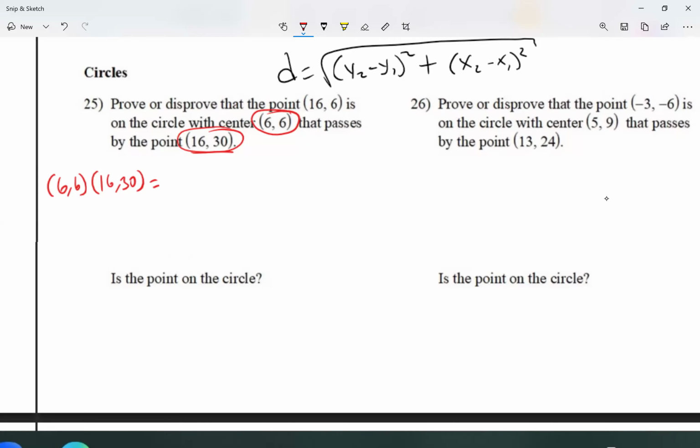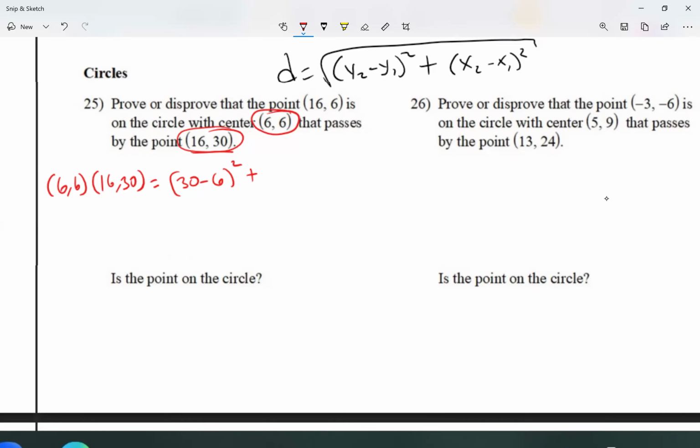So honestly, I'm going to start with the bigger number. So looking at the y values only, let me go 30 minus 6. I'm going to start with the bigger number, so I'm going to avoid the negative sign. If I get a negative sign, I'm going to square it, and then the negative sign is going to go away anyways. And then I'm going to subtract the x's.